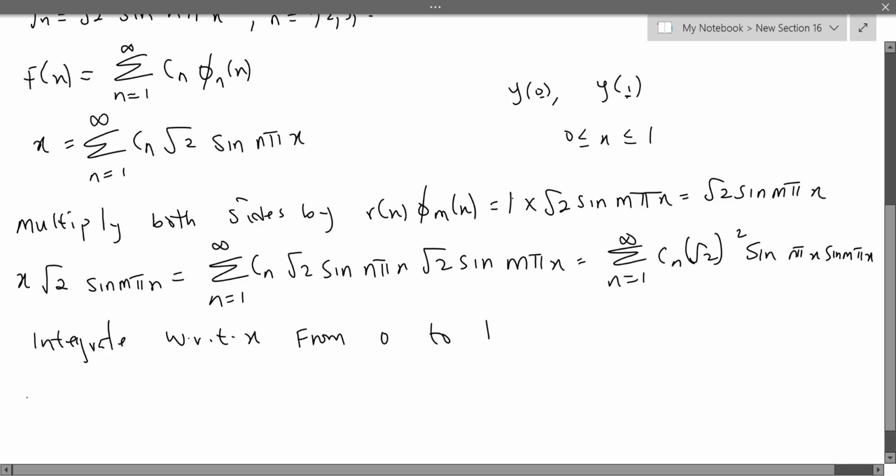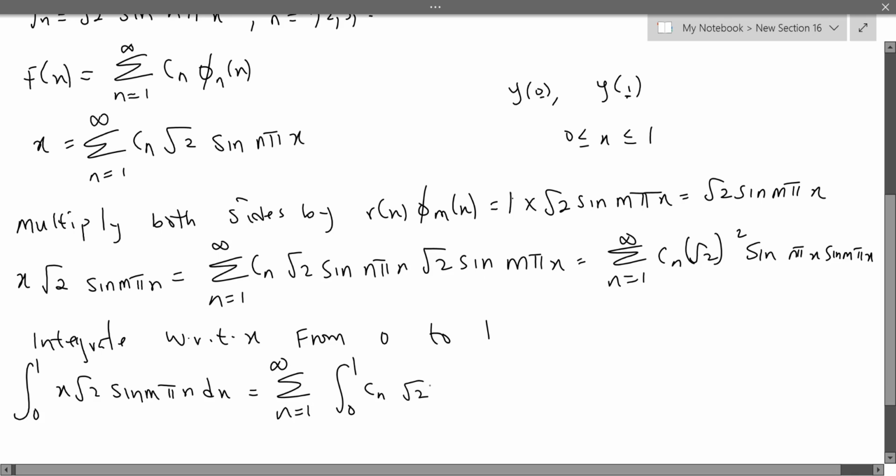So to solve this, you add the integral from 0 to 1 of x times root 2 sine m pi x dx equals the summation from n equals 1 to infinity of the integral from 0 to 1 of cn root 2 squared sine n pi x sine m pi x dx.